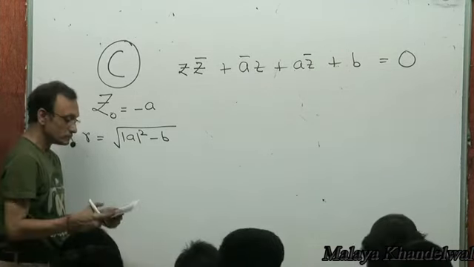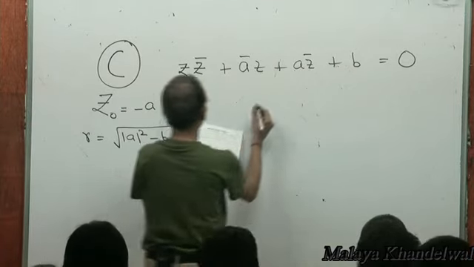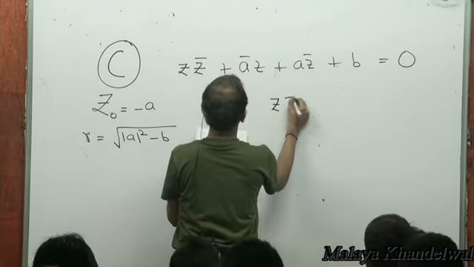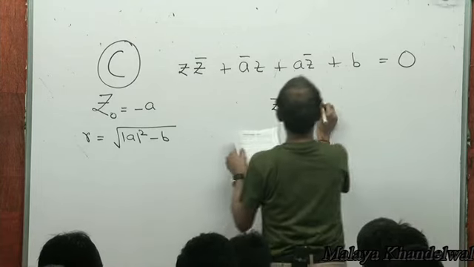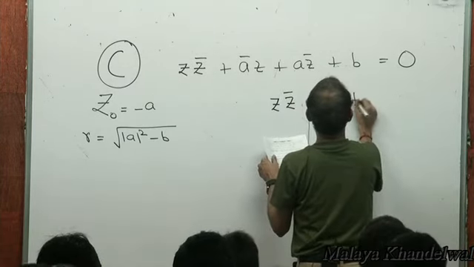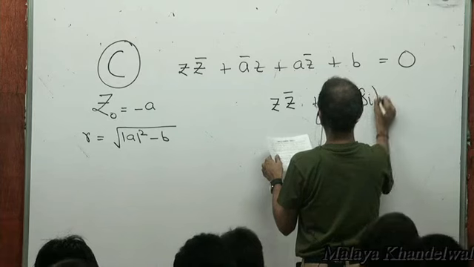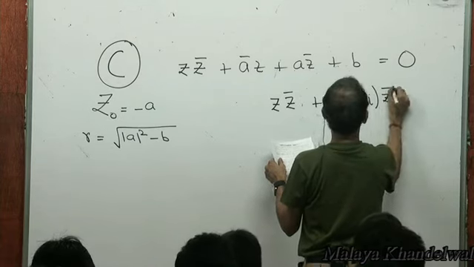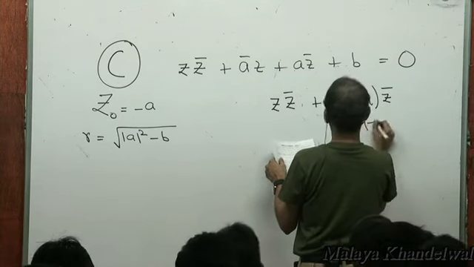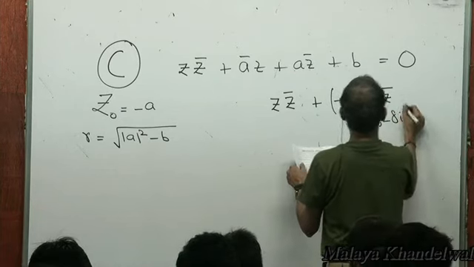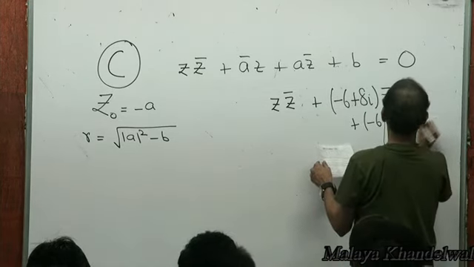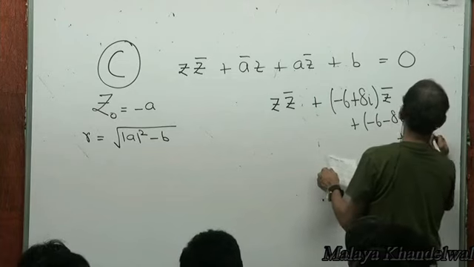Right? Now we have a circle which is like ZZ bar plus (minus 6 plus 8i) Z bar plus (minus 6 minus 8i) Z plus K equal to 0.